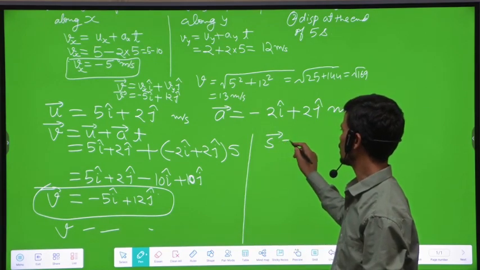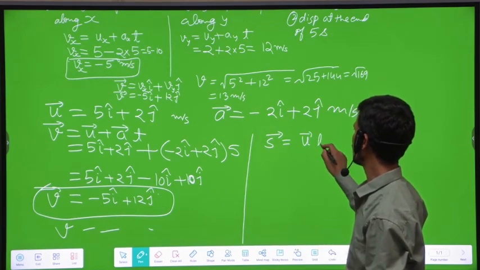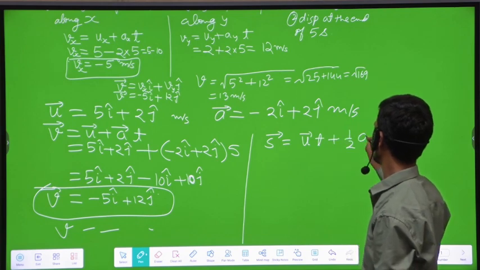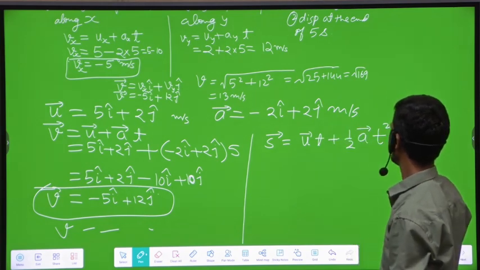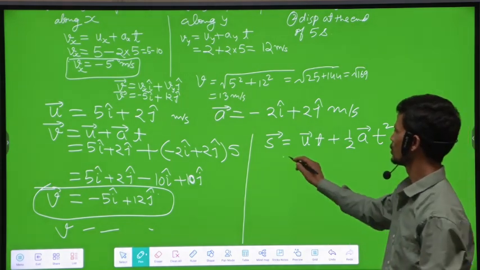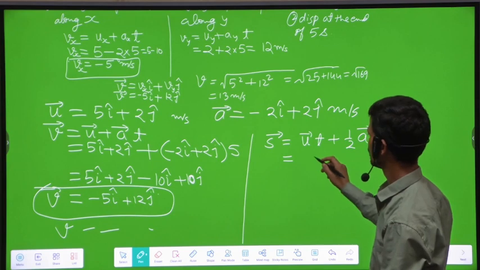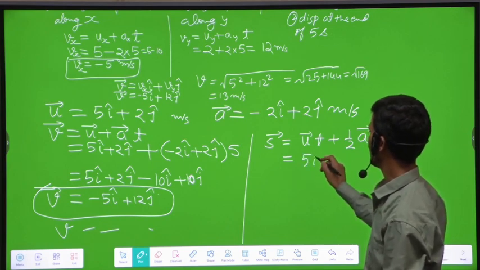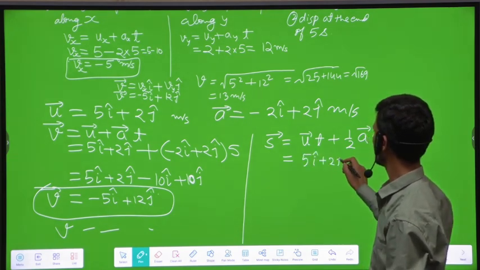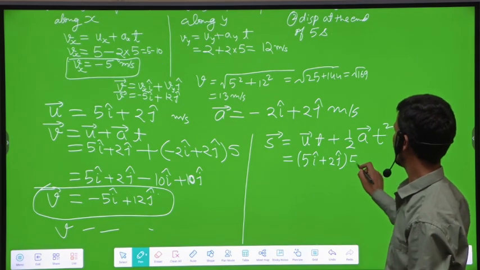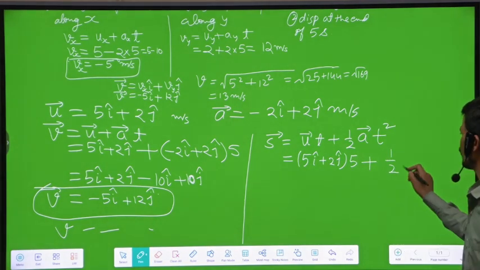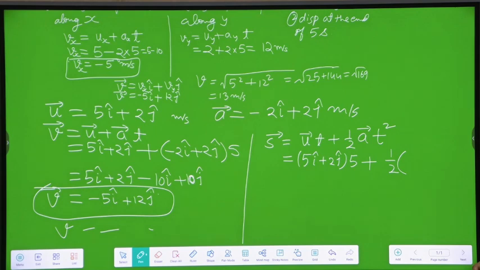So s vector is equal to u vector t plus half a vector t square. So u is, there it is, 5 i cap plus 2 j cap multiplied by 5, plus half acceleration, minus 2 i cap plus 2 j cap, multiplied by 5 square.